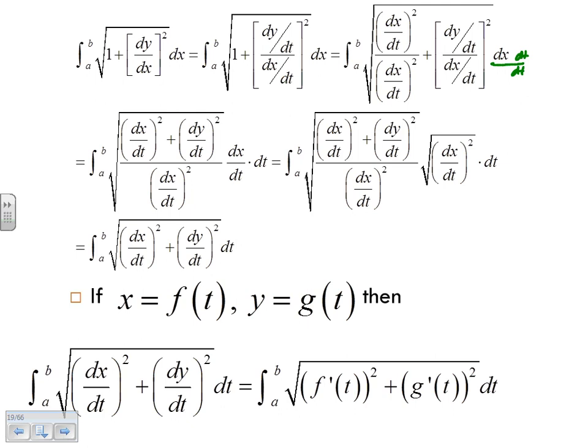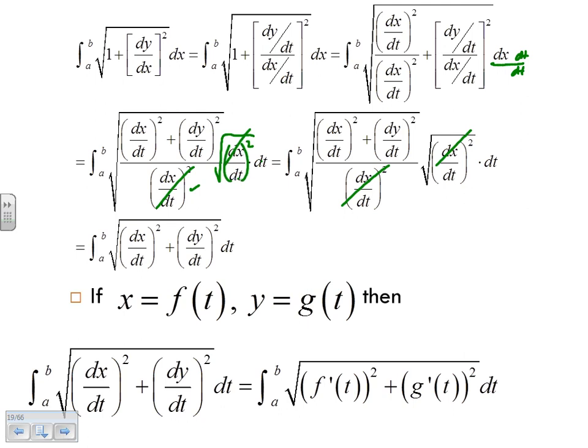Now I've got those into a common denominator, and I've got that dt/dt. Now I want to get rid of the denominator. So if I take this guy, square and square root it, what will happen? They will cancel, right? So that's what's going to happen here.